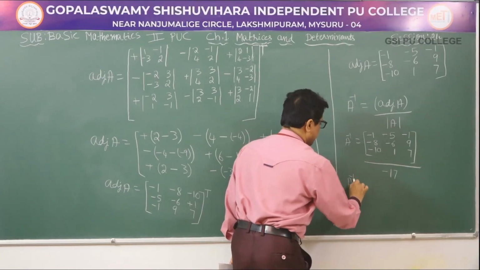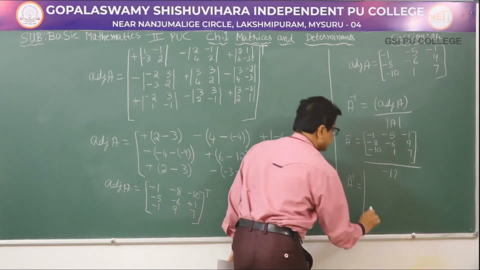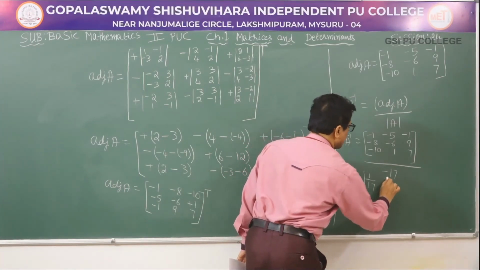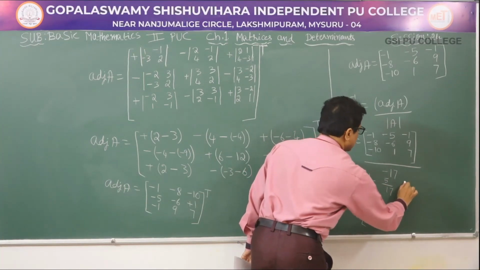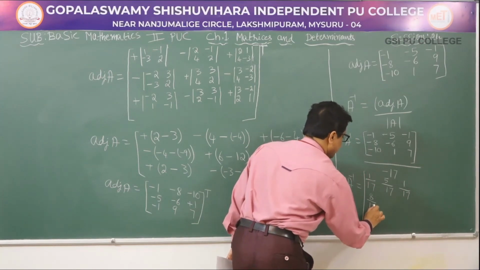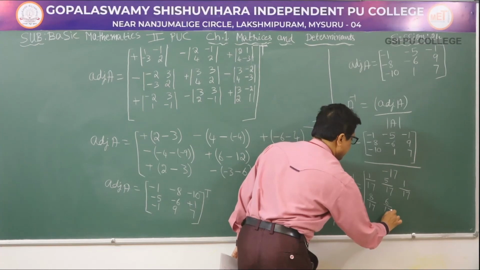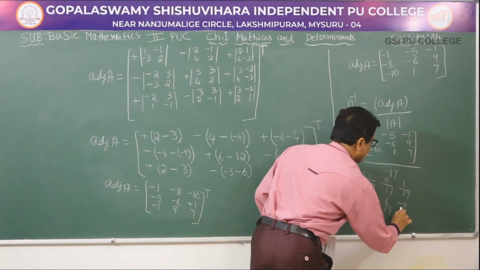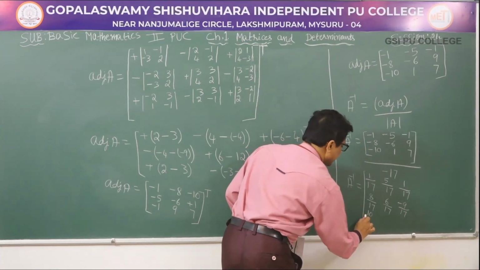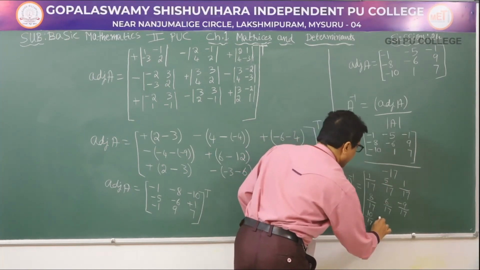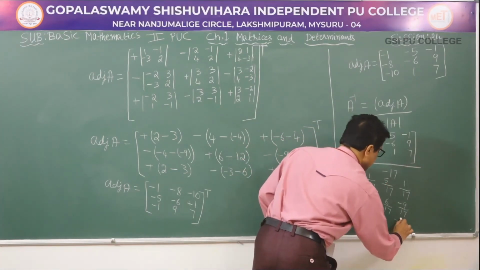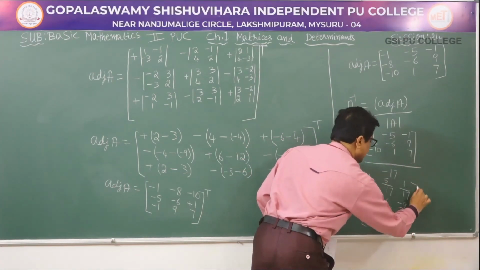Therefore, A inverse will be equal to 1 by 17, 5 by 17, 1 by 17, 8 by 17, 6 by 17, minus 9 by 17, 10 by 17, minus 1 by 17, minus 7 by 17.